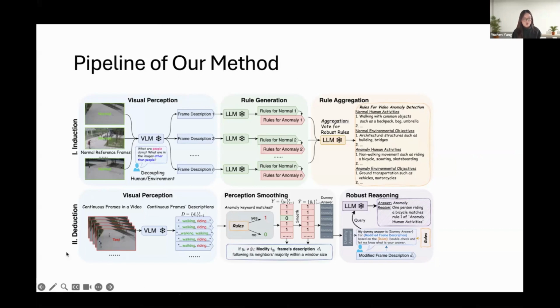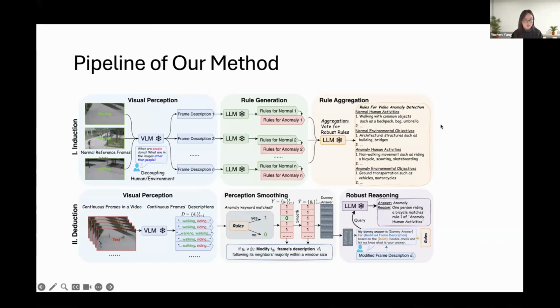In the deduction stage, we also have visual perception, and perception smoothing to mitigate some errors, and also robust reasoning to get the rationale. Among the 6 modules, rule aggregation, perception smoothing and robust reasoning are the modules designed to enhance the system's robustness and help it achieve state-of-the-art VAD performance.